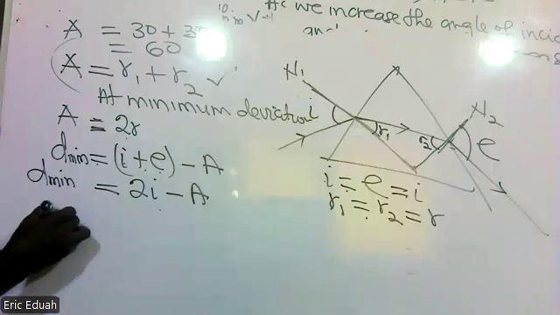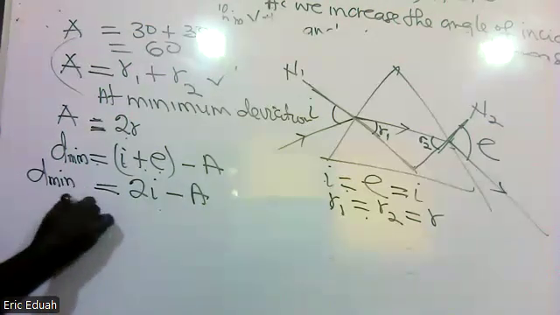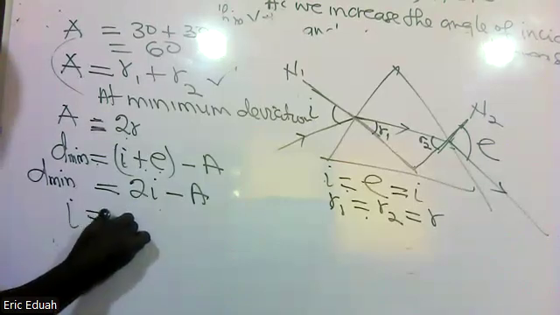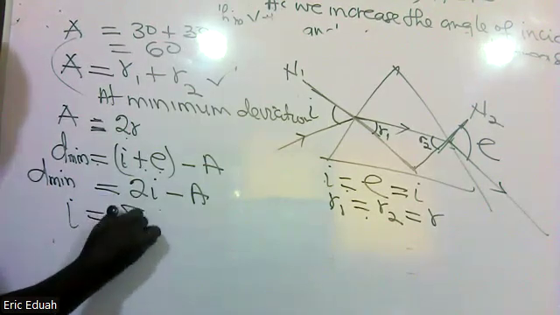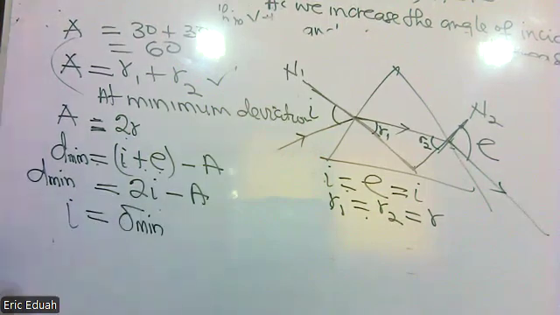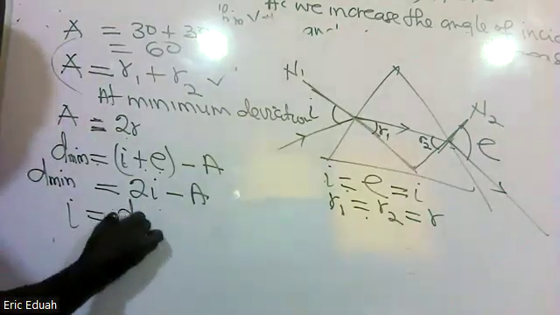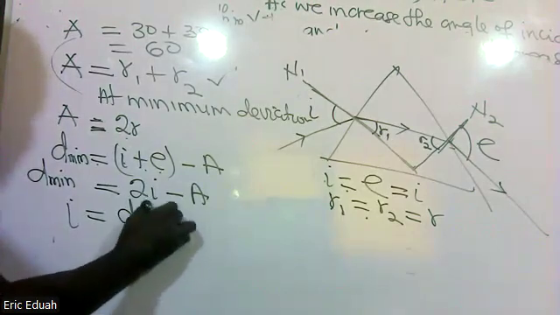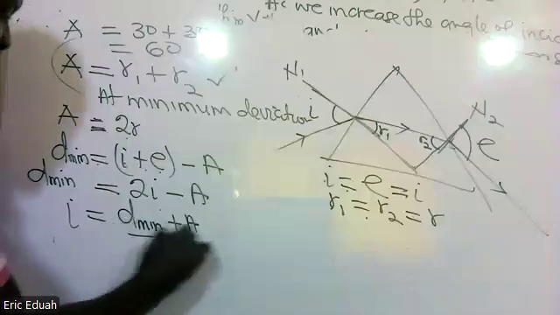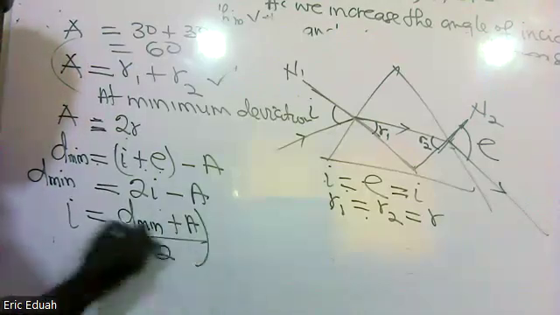So we have I equal to the minimum deviation. I'm fond of using sigma to represent the minimum. Okay, let me be consistent. So D minimum plus A, divided by 2.